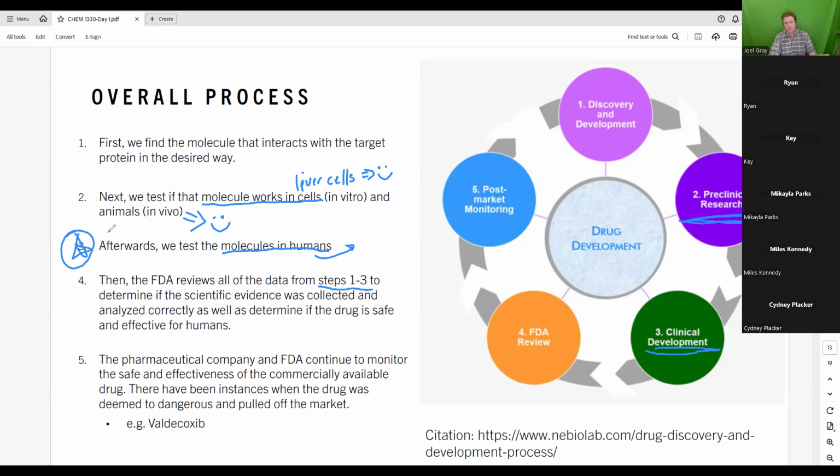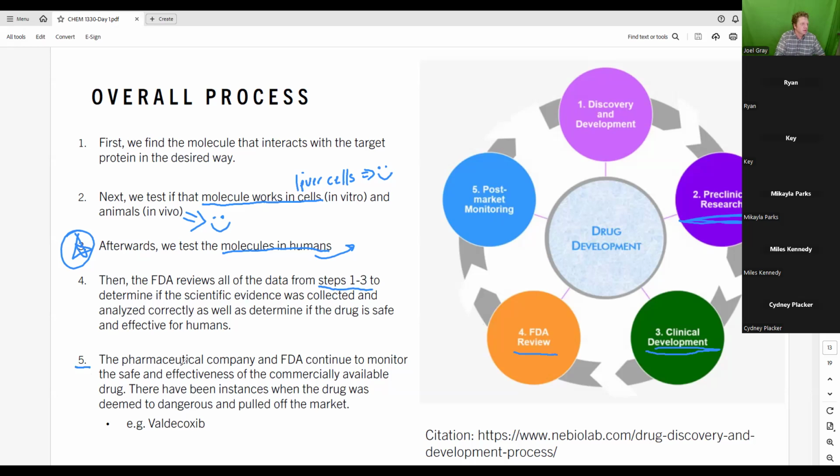Either it works or it doesn't work. Well, it's not always that simple. It's not always, oh, it works for 100% of people. Instead, it might be 70% effective for 75% of the population. You have to analyze that data, and that's one of the responsibilities of the FDA. So that's our FDA review.